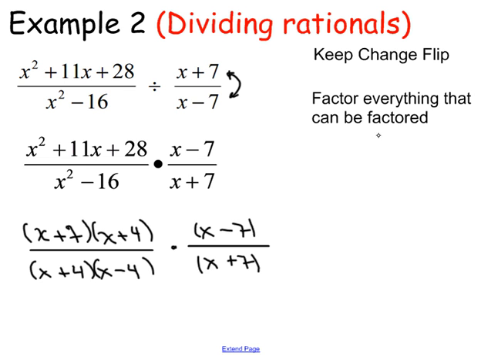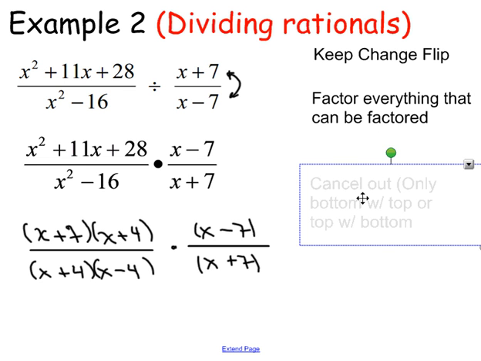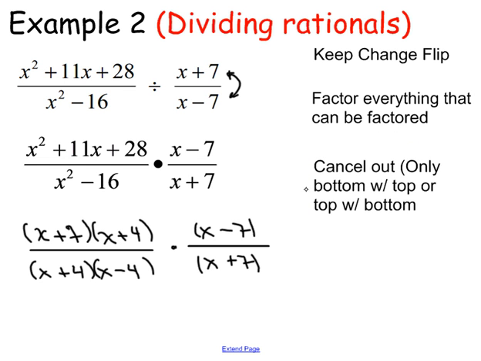So after factoring everything, cancel out only top with bottom. And it says only bottom with top or top with bottom. So what that means is I could cancel out this x plus 7 with this x plus 7.